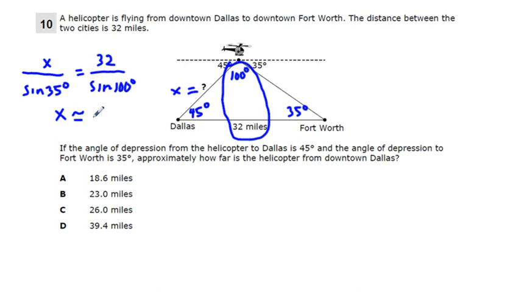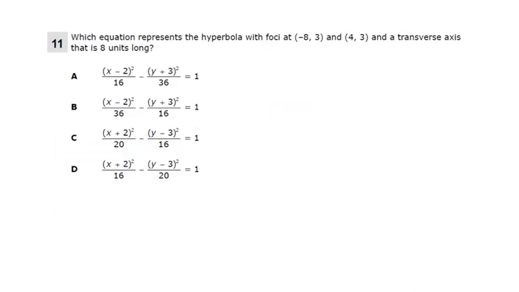Number 11. Which equation represents a hyperbola with foci at -8, 3 and 4, 3 and a transverse axis that is 8 units long? Well, first of all, to find the foci, we're going to look for the center. What is the center? Well, the center is going to happen where x is going to be equal to the average of -8 and 4, our x coordinates, and to find the average of those two numbers, we divide by 2.